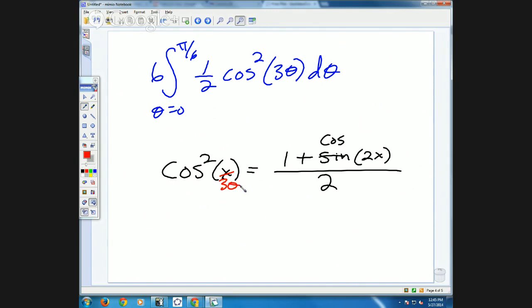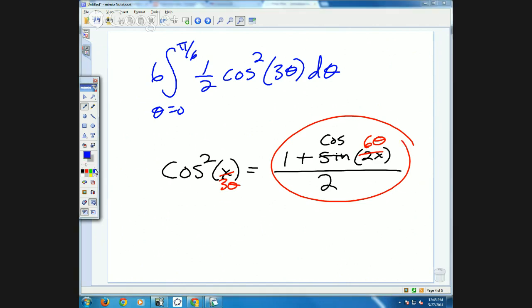So that means I'm going to have 2 times 3 theta, or 6 theta here. So this would be what you're going to substitute in to make that happen. So I'm going to start rewriting that.